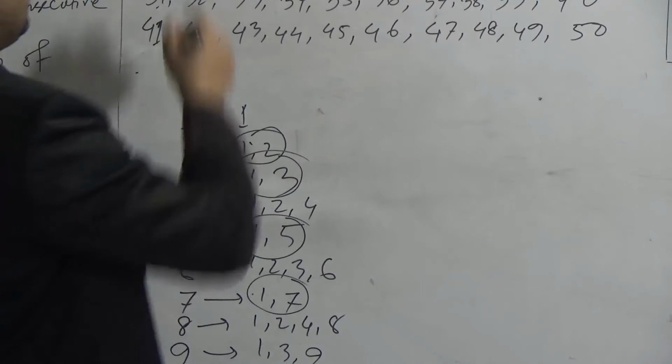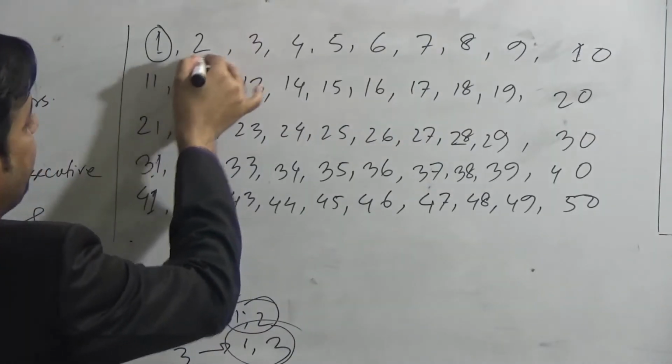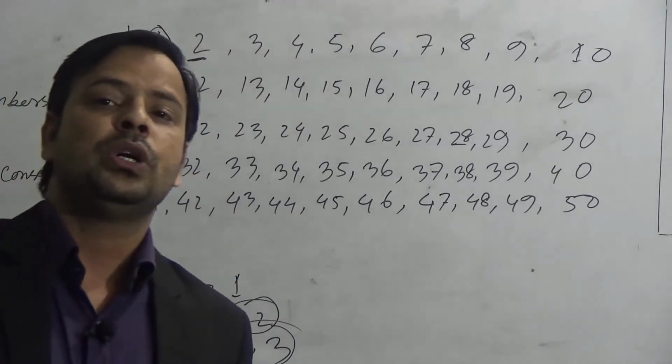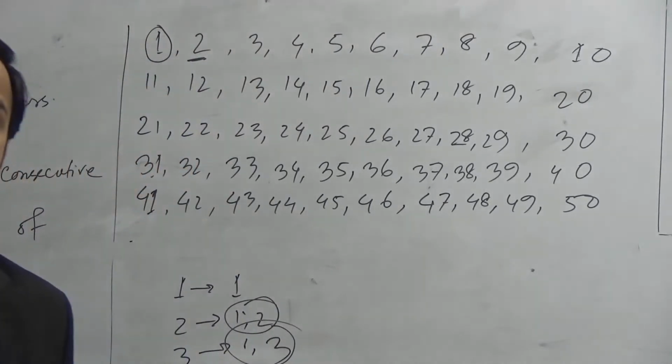So from 2, as 2 is a prime number, except 2, all the multiples of 2 will not be prime.